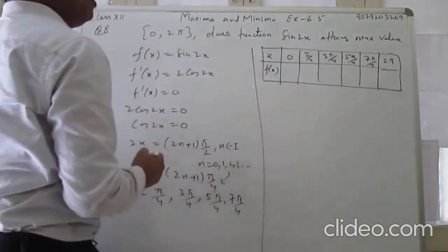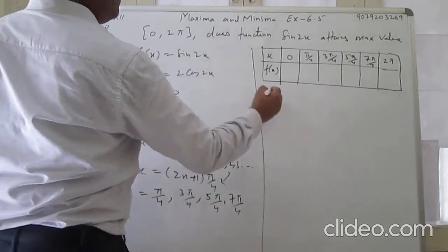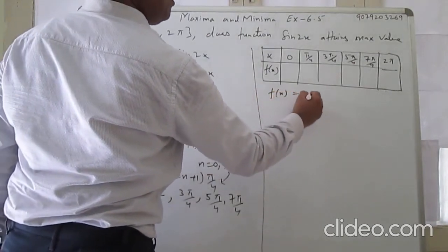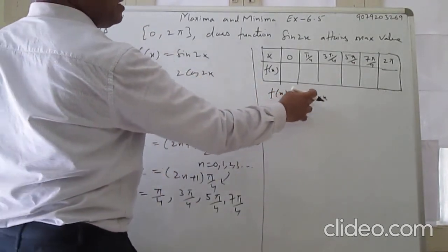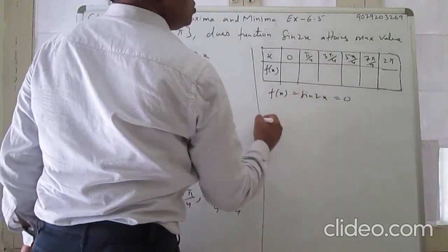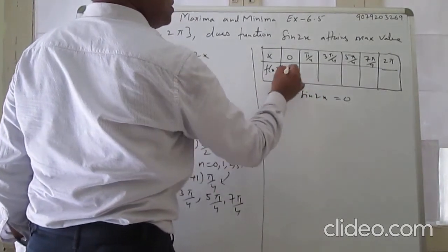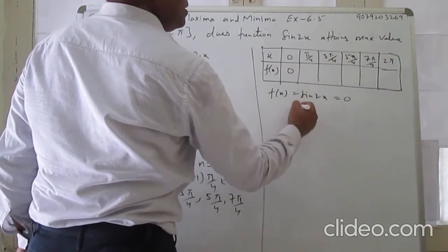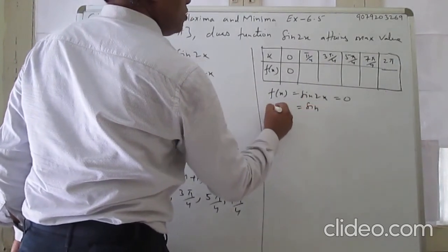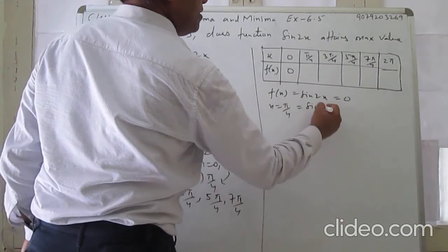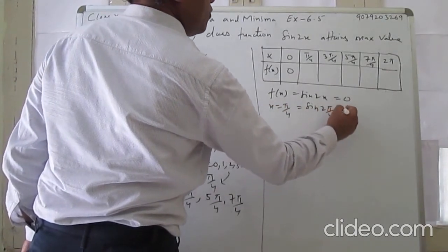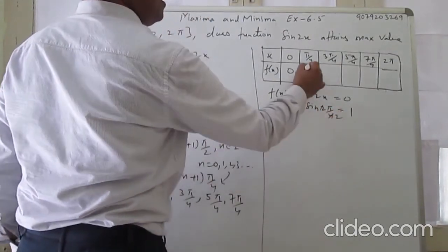Now find the values, f(x) is equal to sin 2x. If x is equal to 0, sin 0 is 0. If x is equal to π by 4, sin of 2 into π by 4 becomes sin π by 2, which is 1.